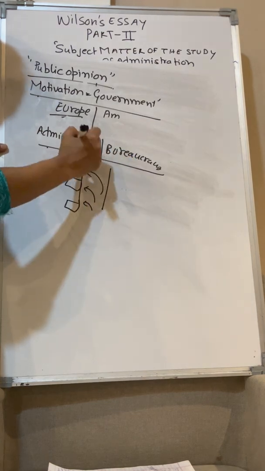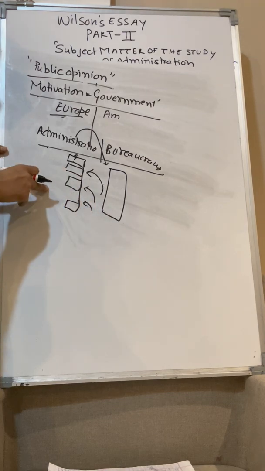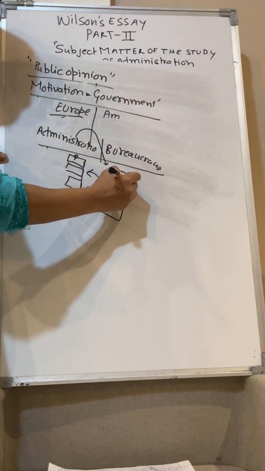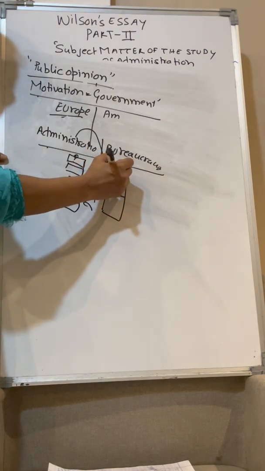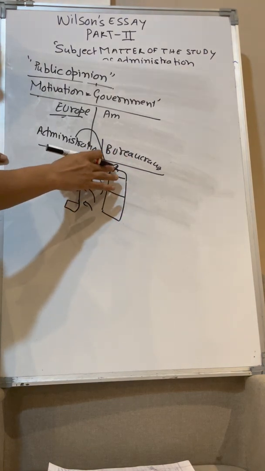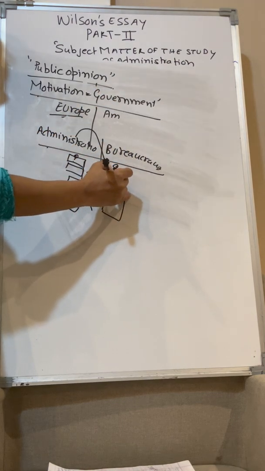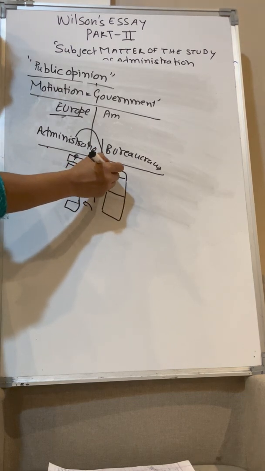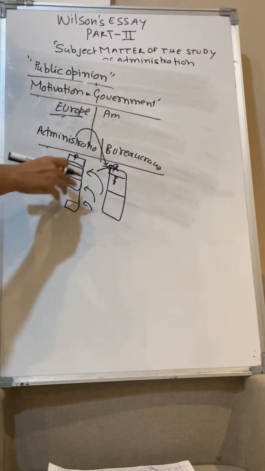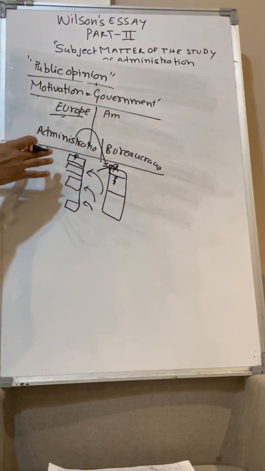But here the kind of administration he is talking about is different from bureaucracy, because the head of each department is not the official but the politician, I mean to say a part of the people, part of the government. So he is the head of the officials, he decides what is to be done, and this person always takes into consideration the public opinion. Okay, this is how he ends the second part of the essay.